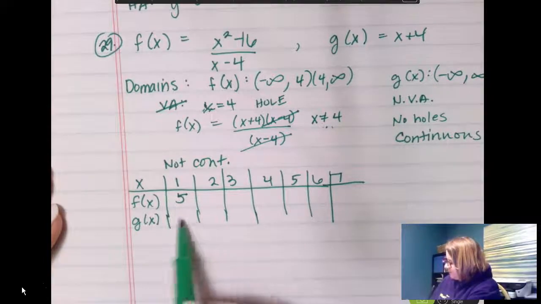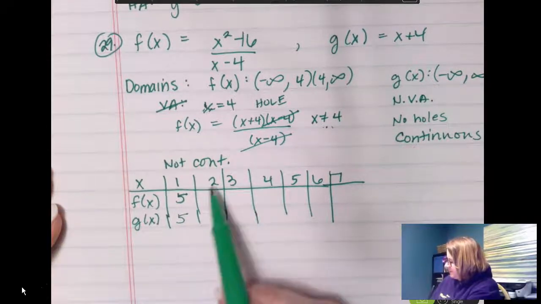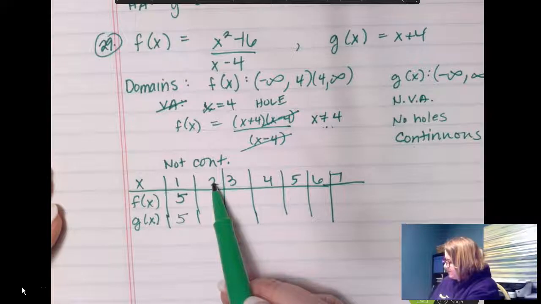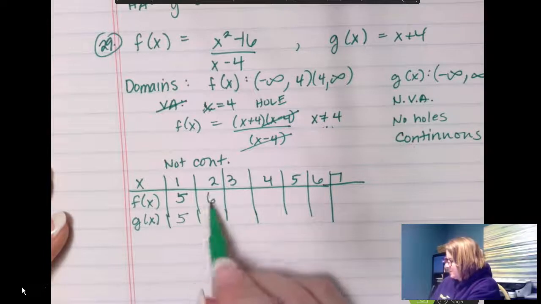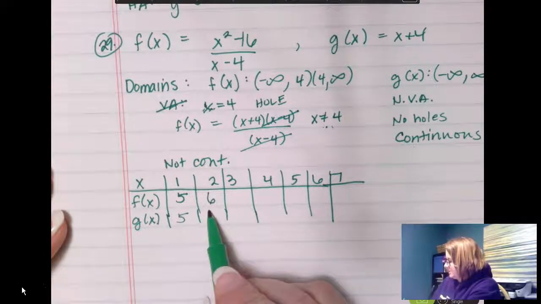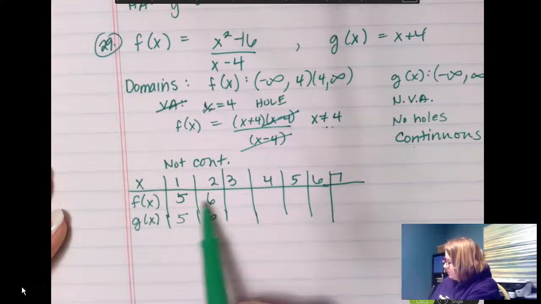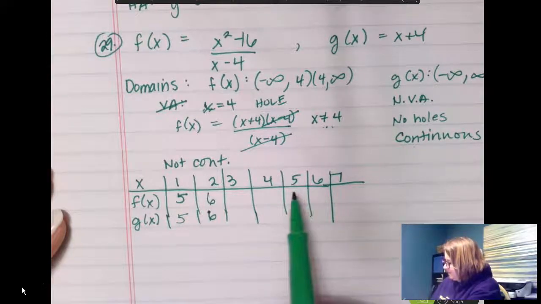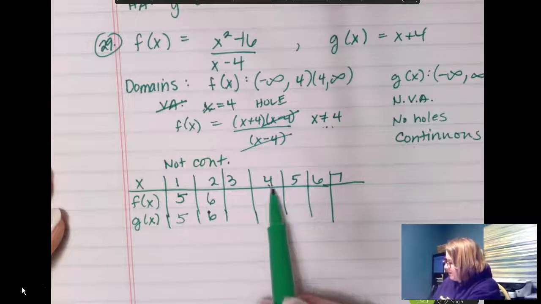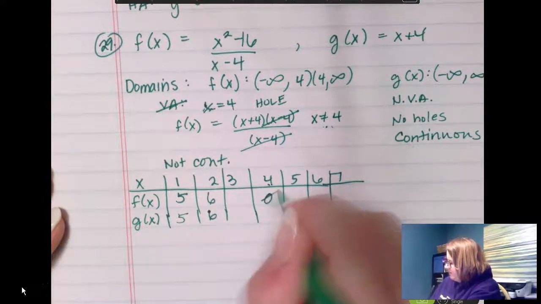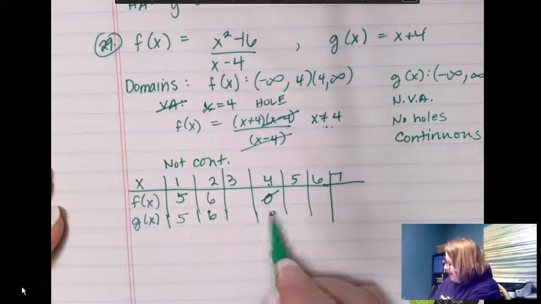We plug 1 into g, and we get positive 5. 2, we get 4 squared minus 16 is negative 12 over 2 minus 4, negative 2. So that's 6. And then g of x. So pretty much we're going to get the same thing for each one until we get to 4. And then here we're going to have no solution, and here we're going to have 8.